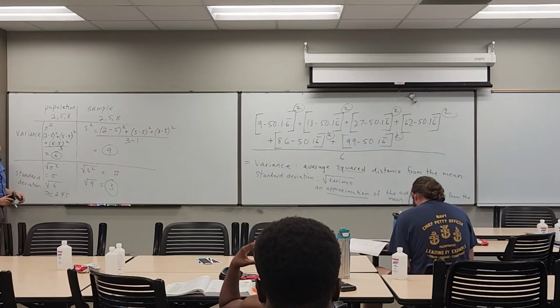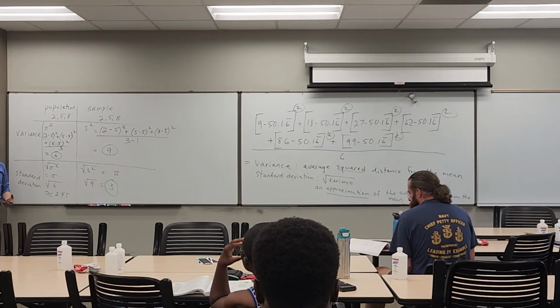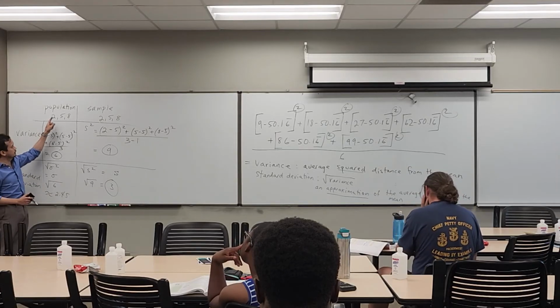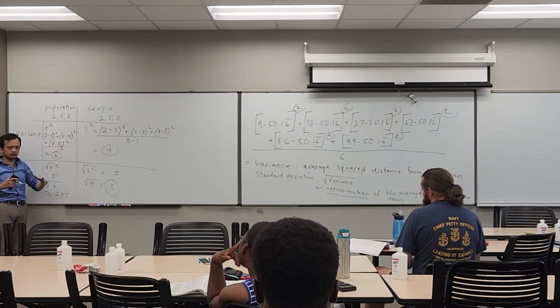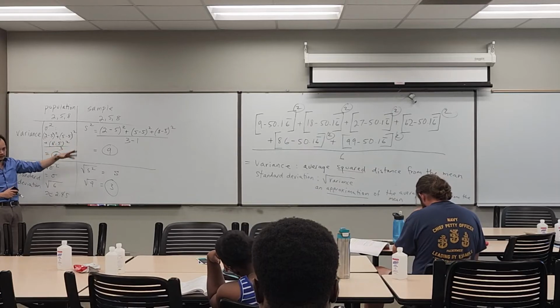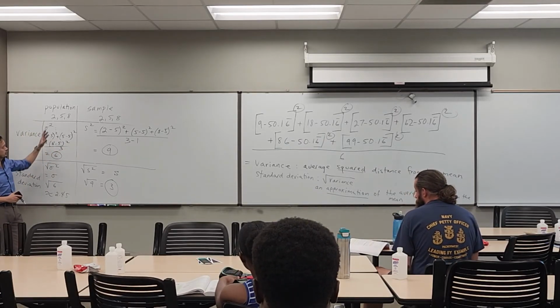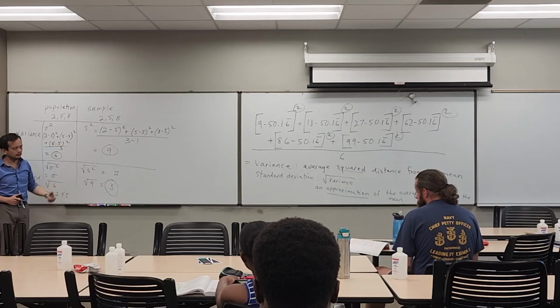So now that we calculated it by hand, you guys should also be comfortable calculating it using your calculator, where all you have to do is enter in the data set, and your calculator will internally use these formulas to calculate the variance and the standard deviation for both the population and the sample for you.